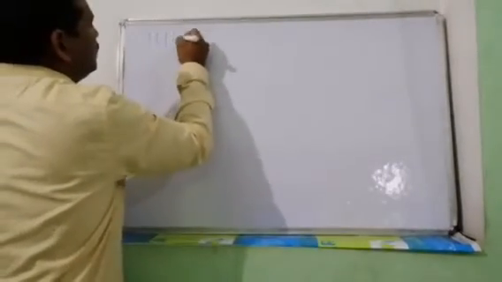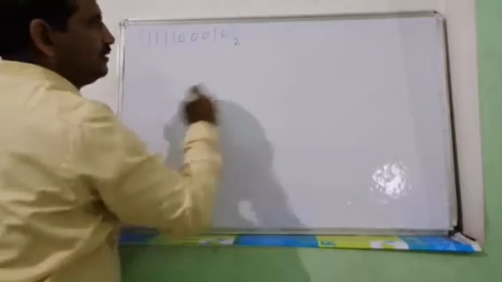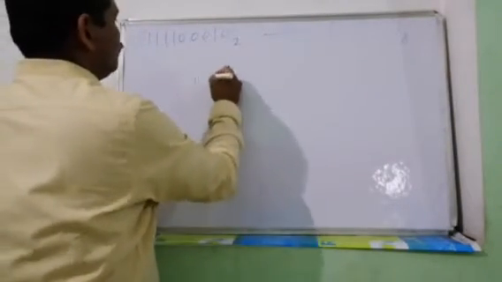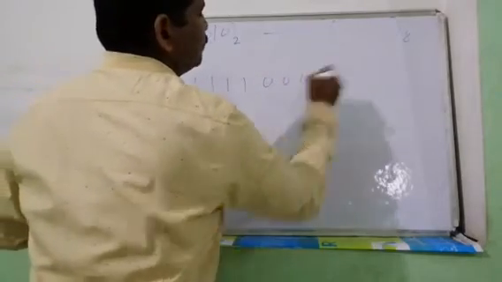1 1 1 1 0 0 0 1 0, binary to octal. So 1 1 1 1 0 0 0 1 0.